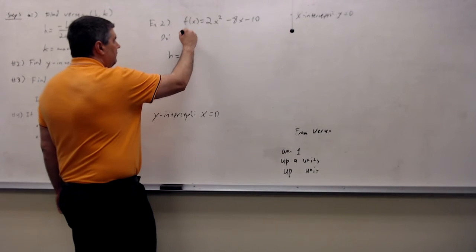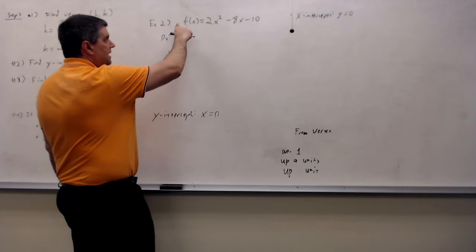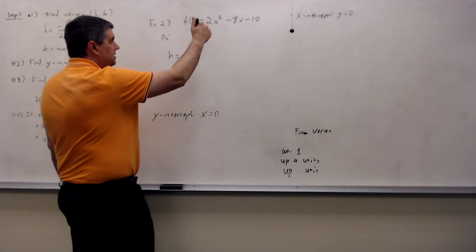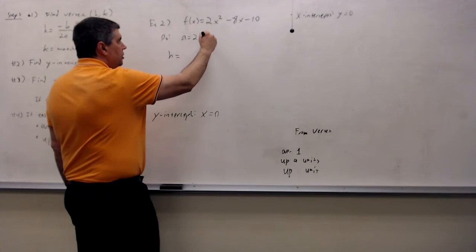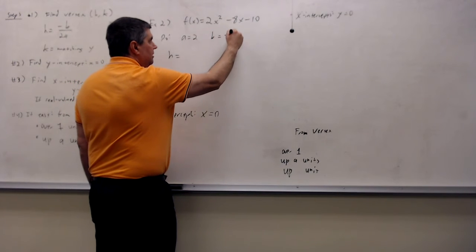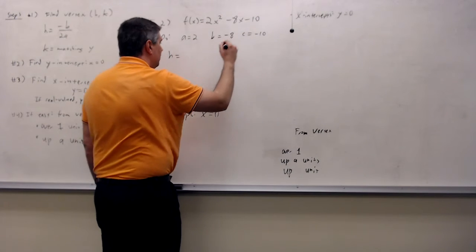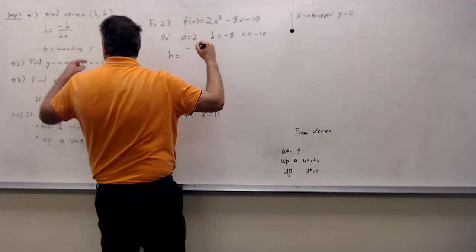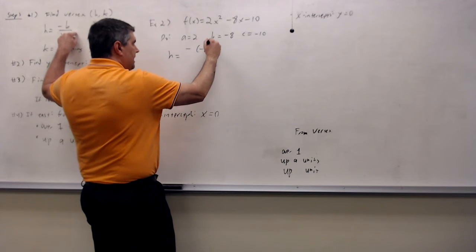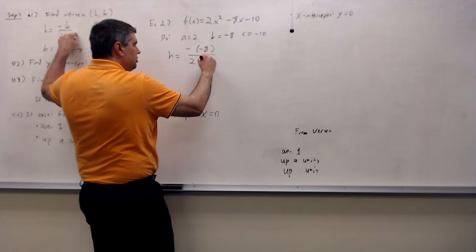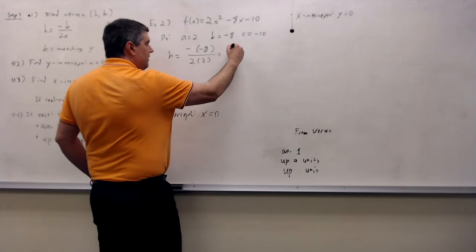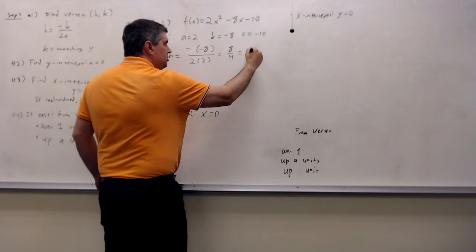First of all, the next example is f of x equals 2x squared minus 8x minus 10. A is 2, b is negative 8, and c is negative 10. So h equals, per this formula, negative negative 8 over 2 times 2, which gives me positive 8 over 4, which is 2.